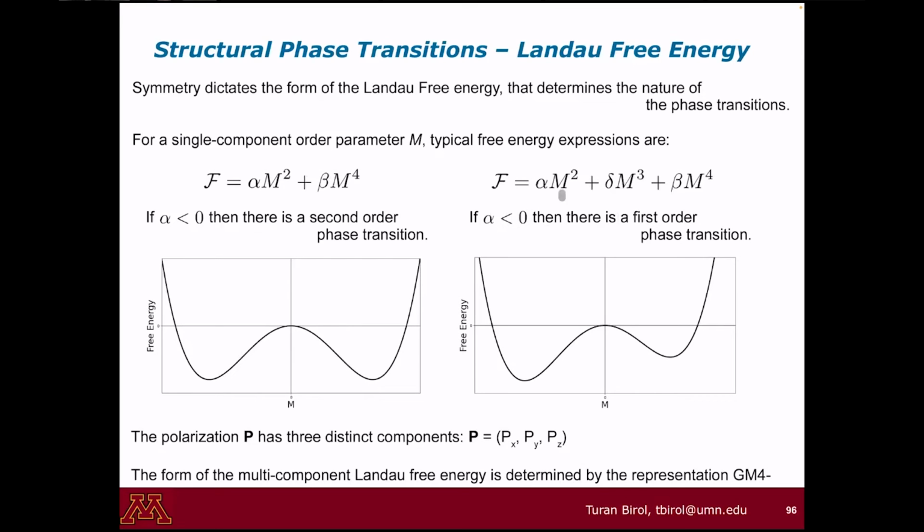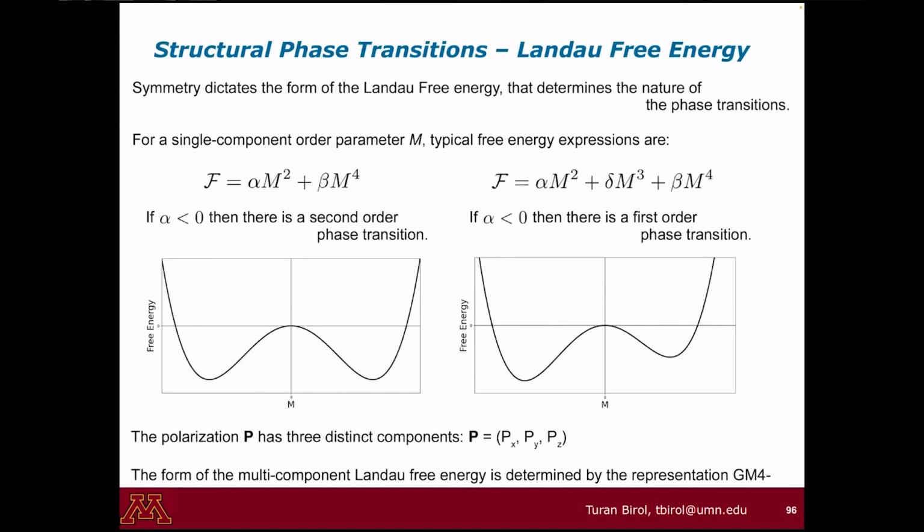As you reduce the temperature and the second order coefficient becomes small, as it gets close to 0, at one point you will end up with a minimum of your free energy on the negative side. And in this case, you will have an abrupt phase transition where the value of your order parameter does not increase continuously, but instead it just jumps from 0 to a finite and typically large value.